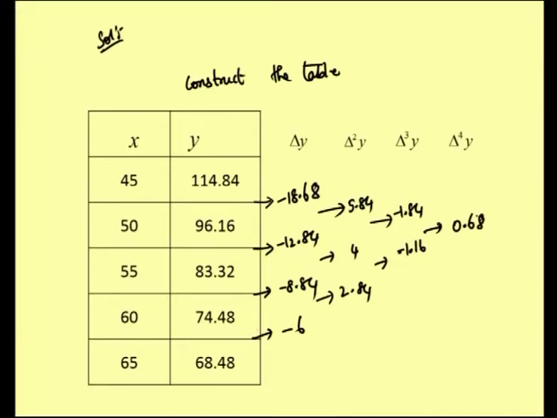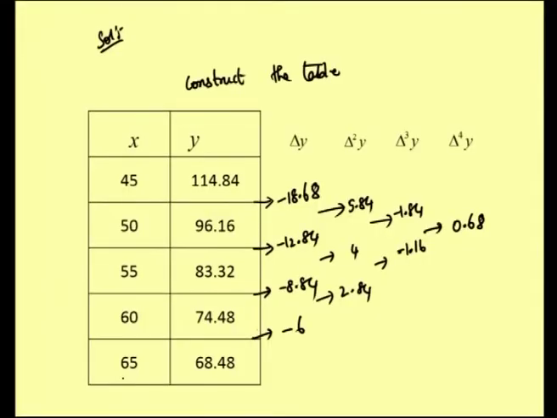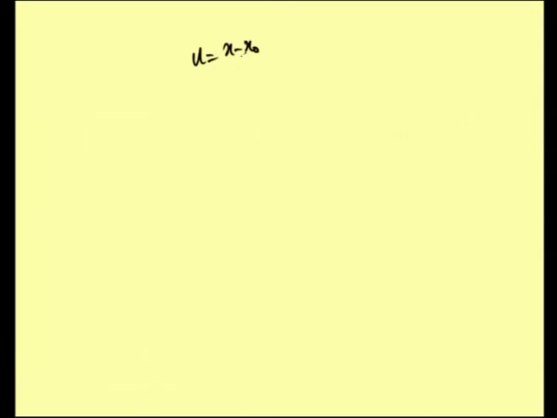So, when 5 values are given, the fifth difference will be 0. Therefore, we stop the procedure at del power 4 y. So, this is the forward difference table, and we take u is equal to x minus x naught by h to find y when x is equal to 46.